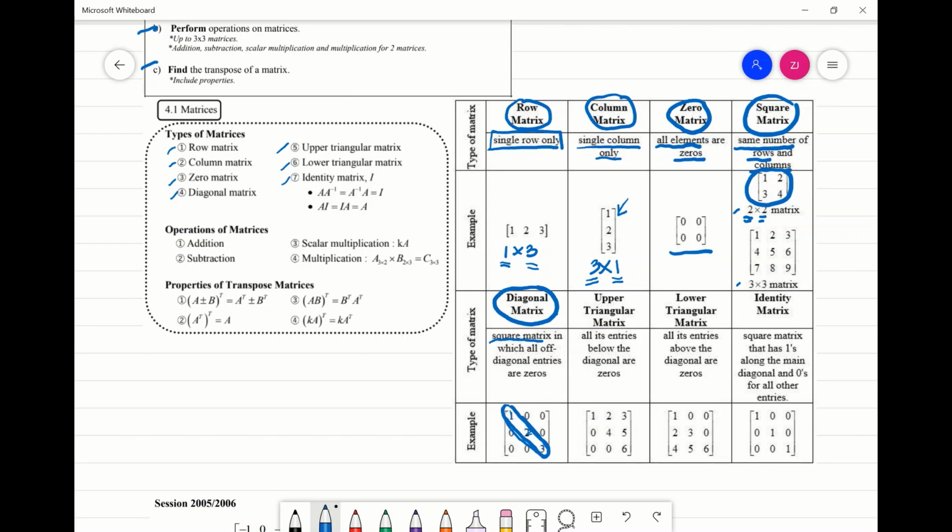Off diagonal means apart from the diagonal elements, so those elements will be zeros. That is what is meant by a diagonal matrix.